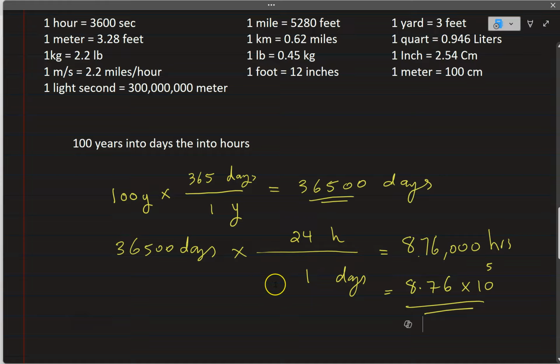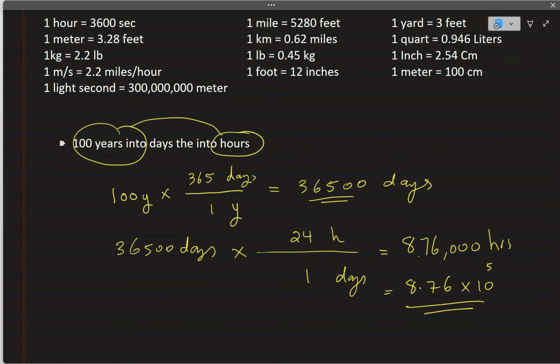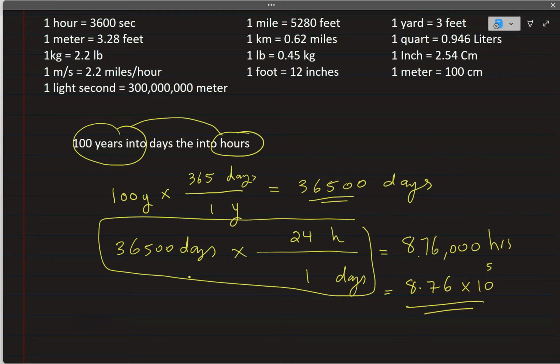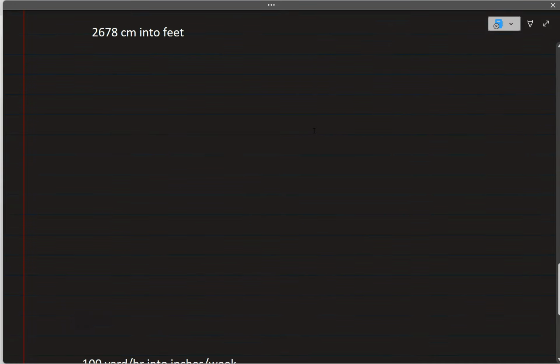Excellent. Now, if the question was you go from 100 years directly to hours, then you can just use this and add that here and continue it in one smooth continuous calculation, and you will end up getting the same answer. Okay, all right, let's do another question.